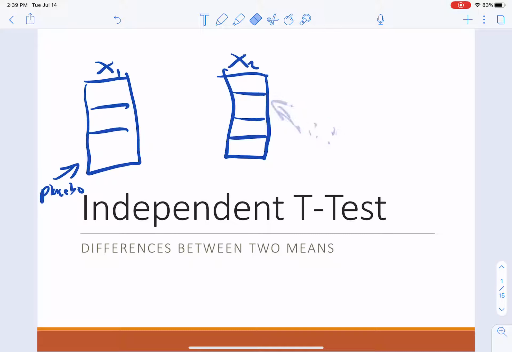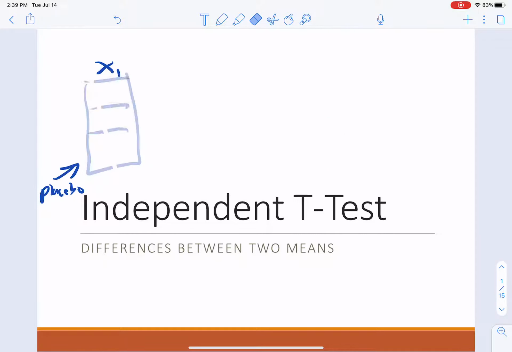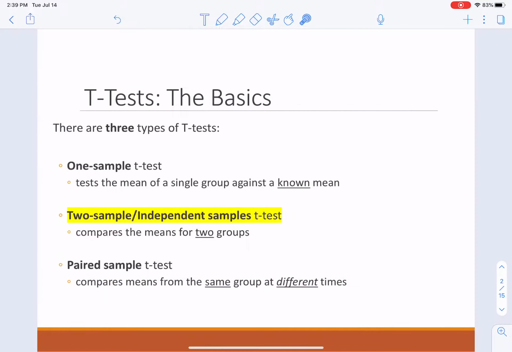But we're getting into the idea of classical research, which is super great. And you'll see this test used all the time, so it's very important that we understand the nuts and bolts of how all the gears are turning together. You also see a paired sample t-test pretty frequently as well. These two are the most common.